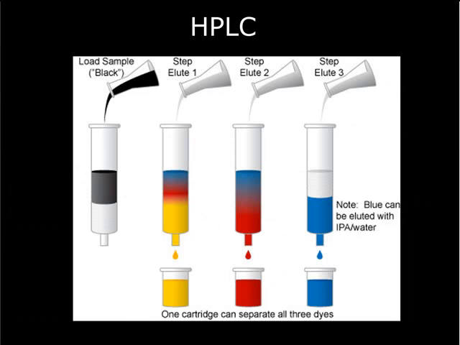In high-performance liquid chromatography, this is done at room temperature, which is advantageous for chemicals that are heat-sensitive or volatile. A liquid, which is the mobile phase, is pumped through a column containing fine particles, which is the stationary phase.